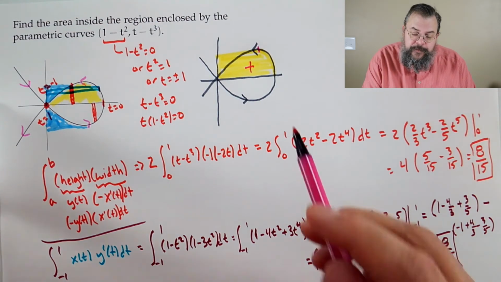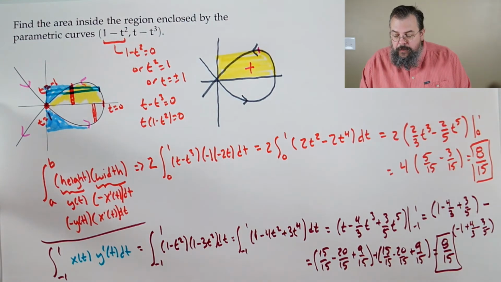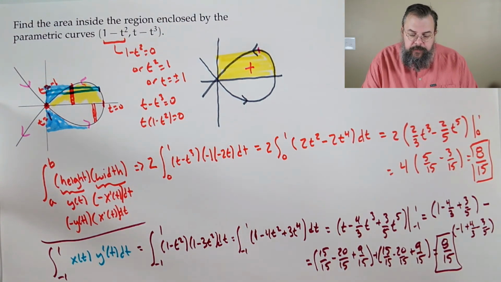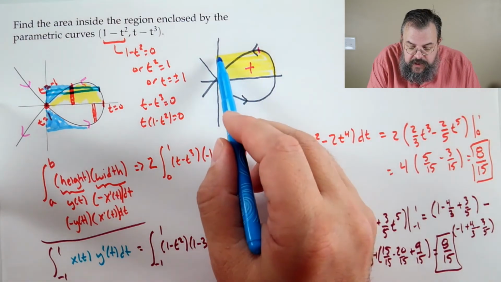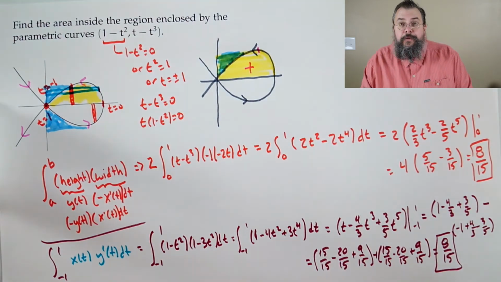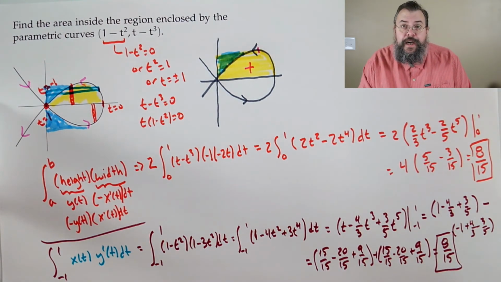Now, from the peak down to here, what happens? Well, I'm going to now go from the curve to the origin. But what do you see? Because I'm going down, y prime is negative.